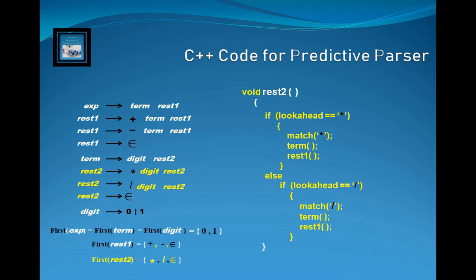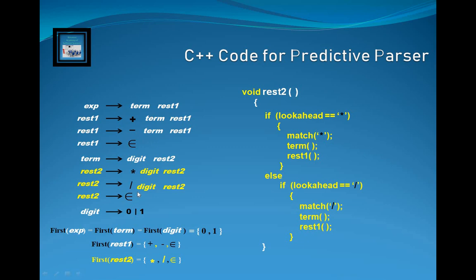First of all you should try to implement the first production that starts from star, and if the implementation of that production fails, you will try to implement the second production, which starts from the division operator.